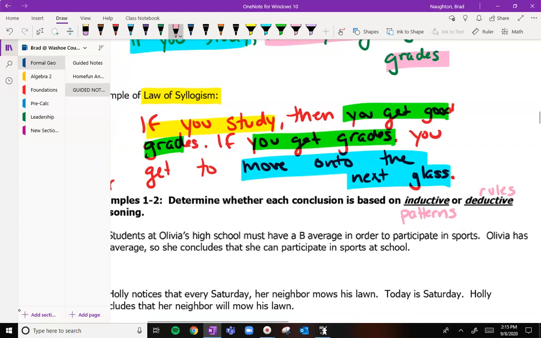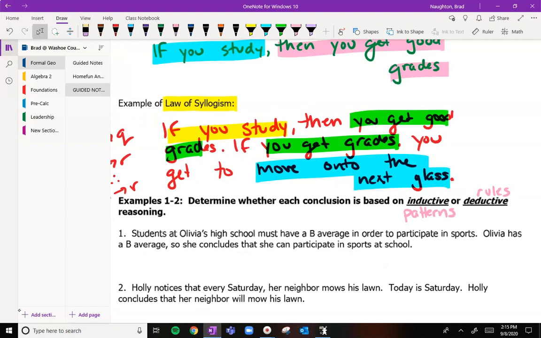So let's take a look at, students at Olivia's high school must have a B average to participate in sports. Olivia's got a B average, so then she says she can participate in sports. So is that an observation or is it a rule? Well, to me, the idea is that must have a B average, so that's a rule. So I'm going to say that that is deductive reasoning.